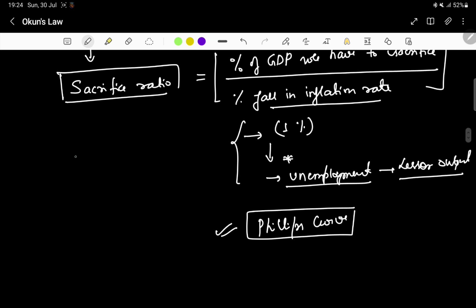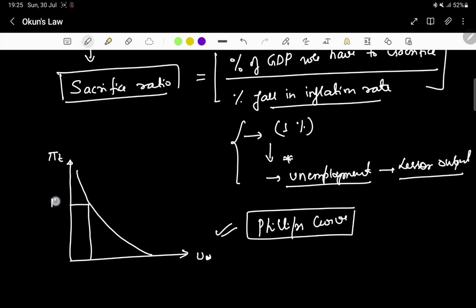You can very well look at this diagram also. The Phillips curve we draw like this. Here is the classical Phillips curve that was given by Samuelson. Here it is inflation and here it is unemployment. So if we want to reduce inflation, let's say initially inflation was at this point and unemployment was this.